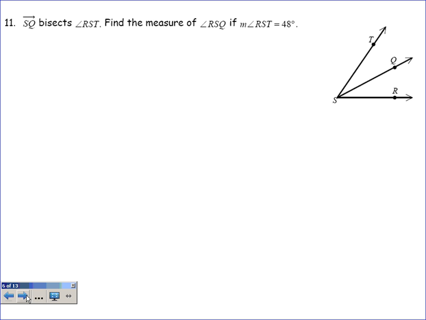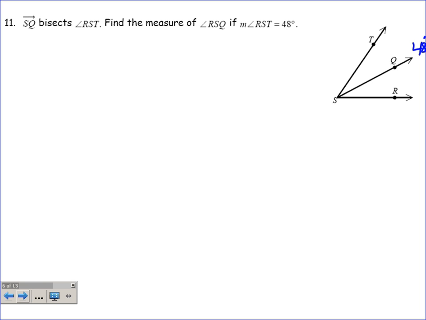Next question, number 11 says, ray SQ bisects angle RST. Find the measure of angle RSQ if the measure of RST is 48 degrees.